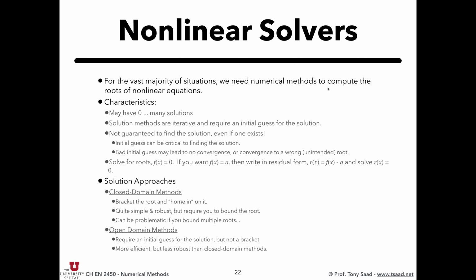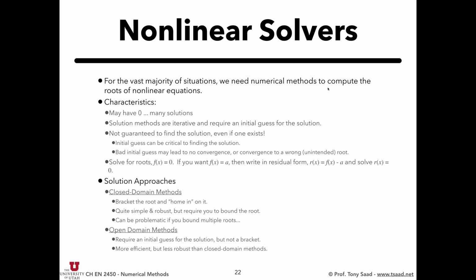These are quite simple and robust. However, they require you to bound the root, which is not practical in heavy scientific computing applications, because it still requires a visualization or an idea of where the root is located. Now this could be problematic if your bounds end up bounding multiple roots.